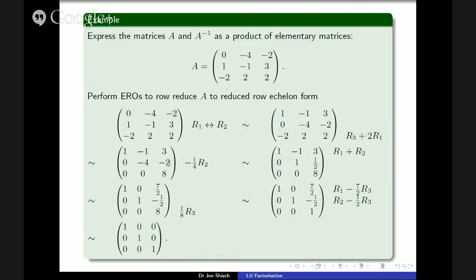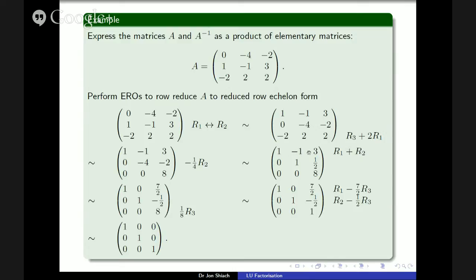My second pivot element is -4. I need to make that a 1, so I'll multiply the row by -1/4. Now, because I'm going to reduced row echelon form, I need this -1 above to go to 0. I want to end up with the identity matrix.